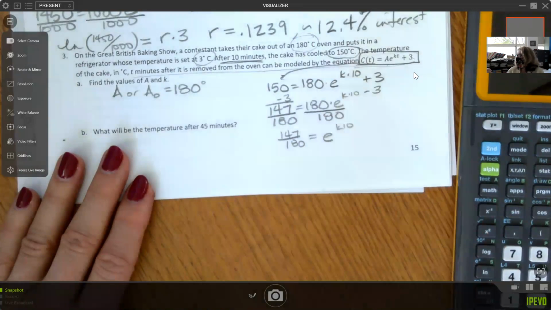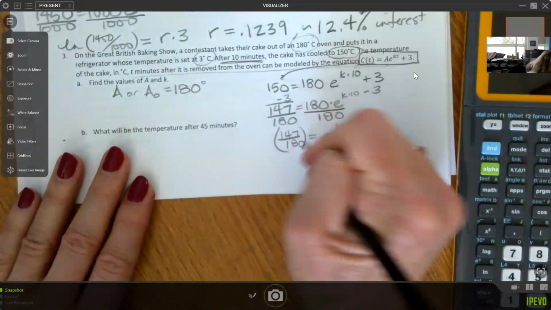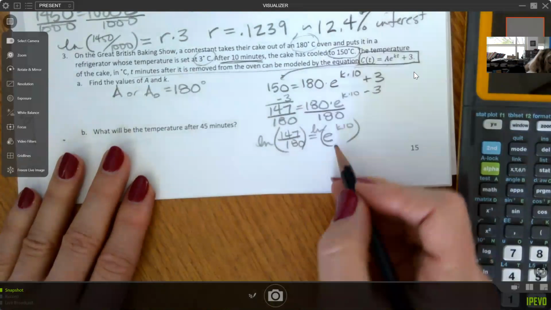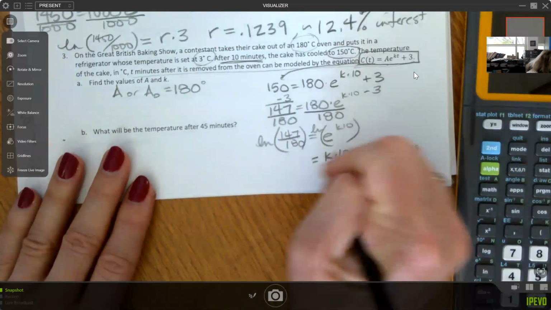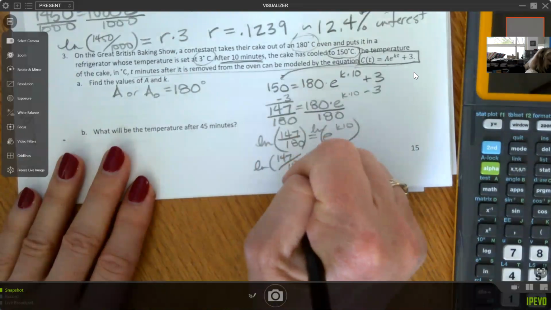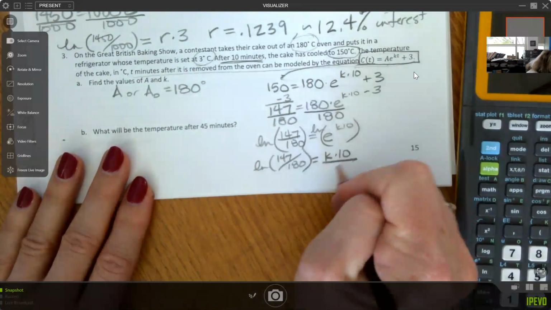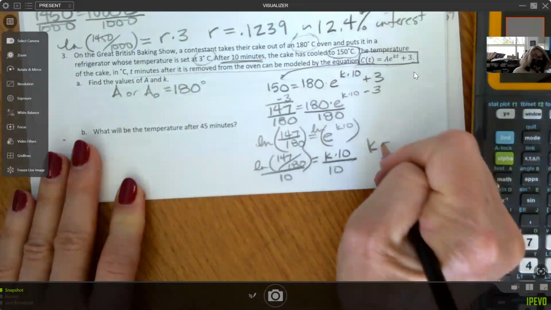What do I do now? Beautiful. I take the natural log of both sides, because now this side is just going to be K times 10 equals the natural log of 147 divided by 180. So I'm going to divide both sides by 10, and I'm going to be able to find this K.